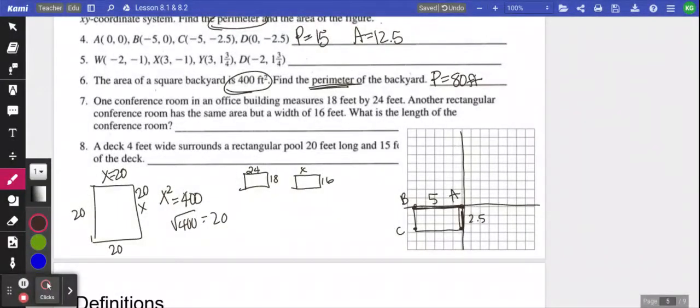Since we're working with area today, I'm going to do it the first way. So I'm going to do 24 times 18 to get this area to be 432. And then when I do this area, it'd be 16x. So I'm going to divide 432 by 16, and I get the length to be 27 feet.